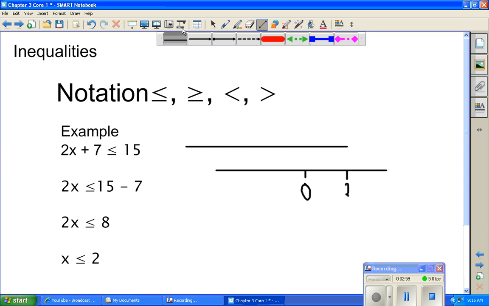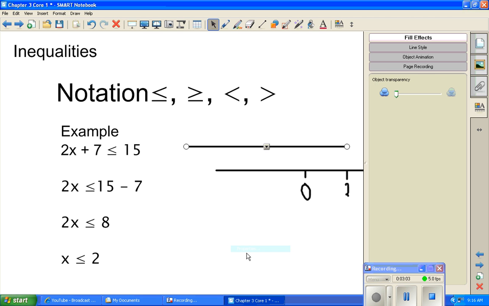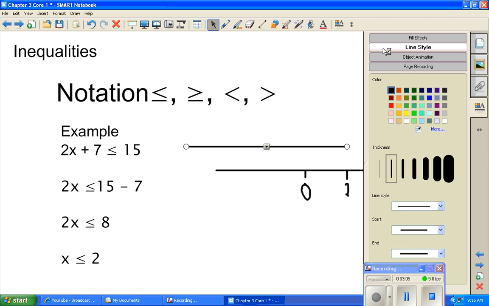Now, a couple of things need to happen. We need to change some of the properties of this line. Let's make that an arrow, and this needs to be a closed circle.